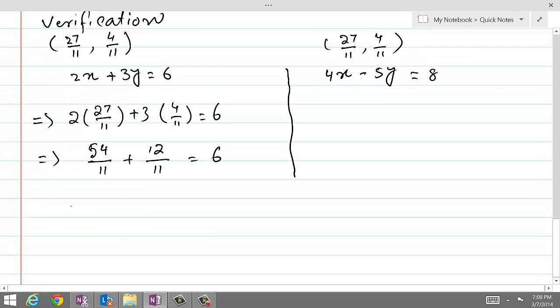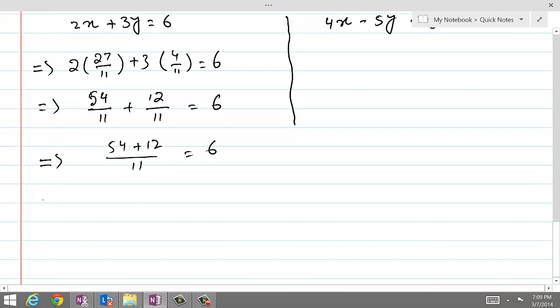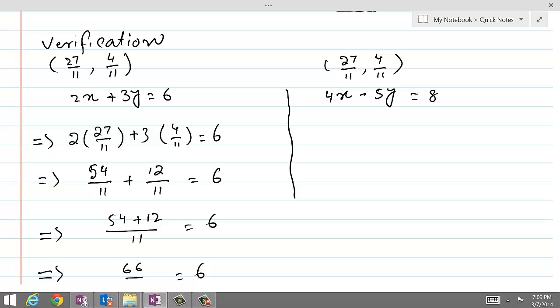On the left hand side, the denominator is the same, that is 11. Therefore, we are going to add just the numerators. 54 plus 12 over 11 equal to 6, and what we have here is 66 over 11 equal to 6, and that gives us 6 equal to 6, which is a true sentence, and it must be true for the second line as well.